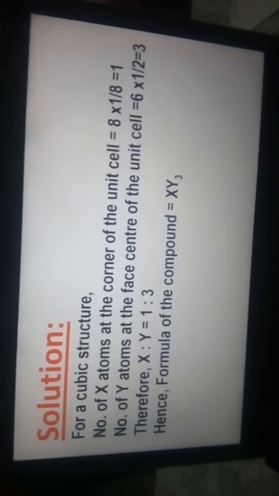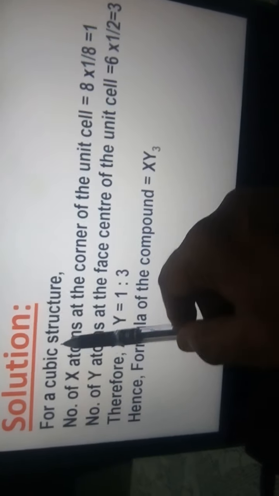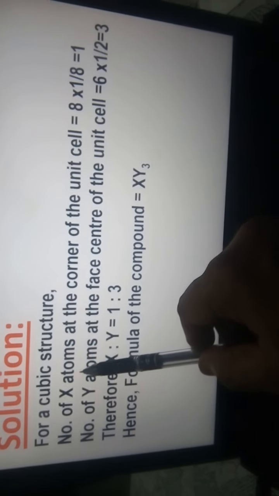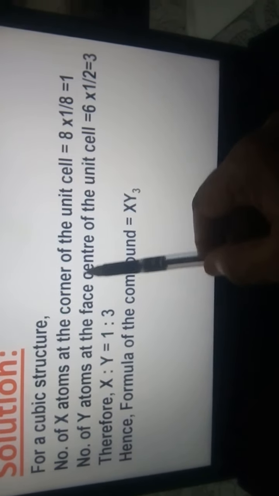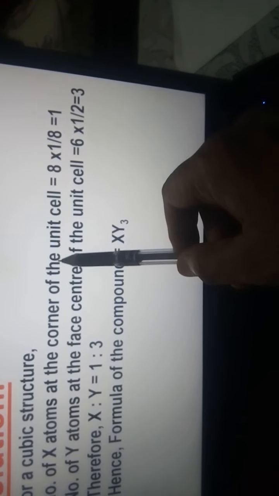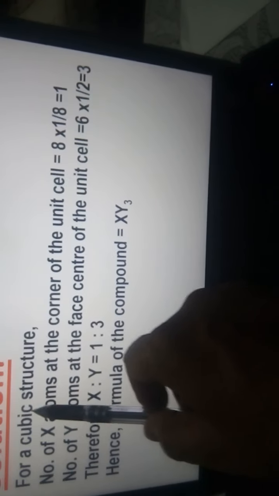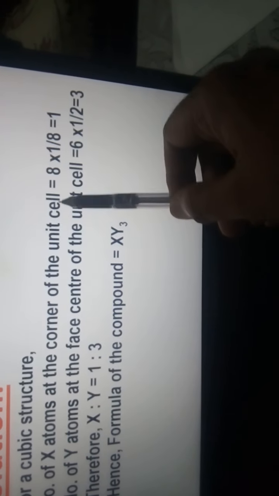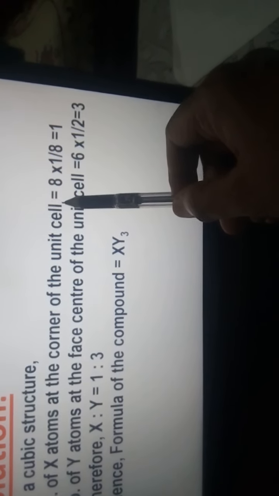So here for a cubic structure, the number of X atoms at the corners of the unit cell is equal to 8 into 1/8, that is equal to 1. Why is it so? Because in a cubic unit cell, each corner always contributes 1/8 portion of the atom.